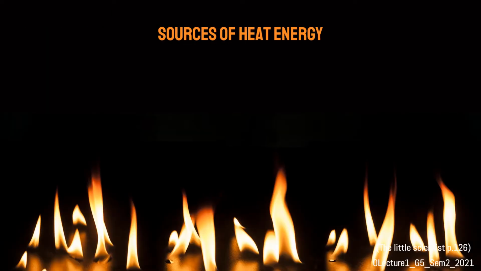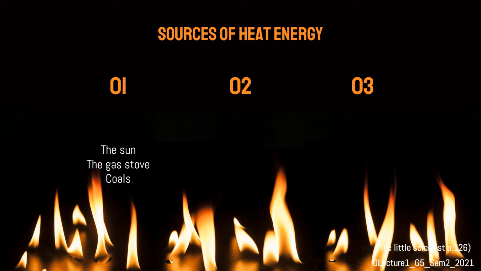So what are different sources of heat energy? What gives us heat energy? There are three different sources of heat energy: the sun, the gas stove, and the coal. I can add also the gasoline that we talked about. These use a special kind of energy that turns into heat energy.